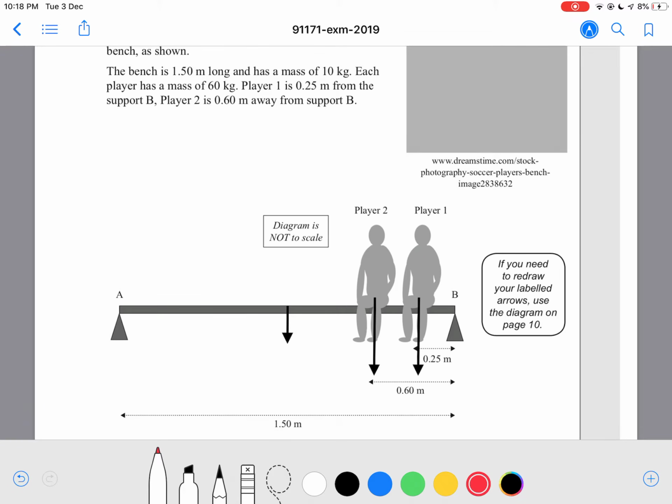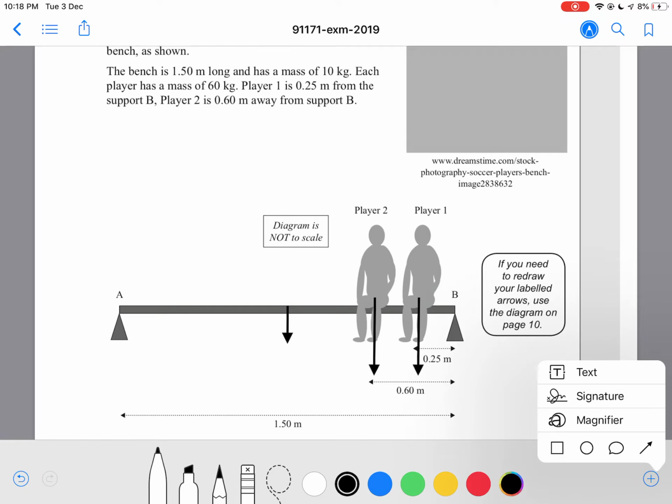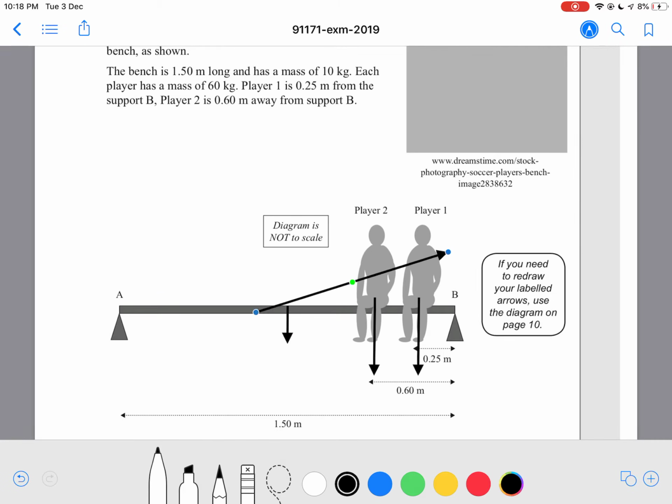If your side has more objects and is heavier, then you're going to have to exert more force in order to keep it in equilibrium. That's the exact same case here. Player 1 and player 2 are much closer to support B than support A. Therefore, support B will be using an increased amount of force to support the bench. Hence, the support force provided by B will surpass the support force of A.